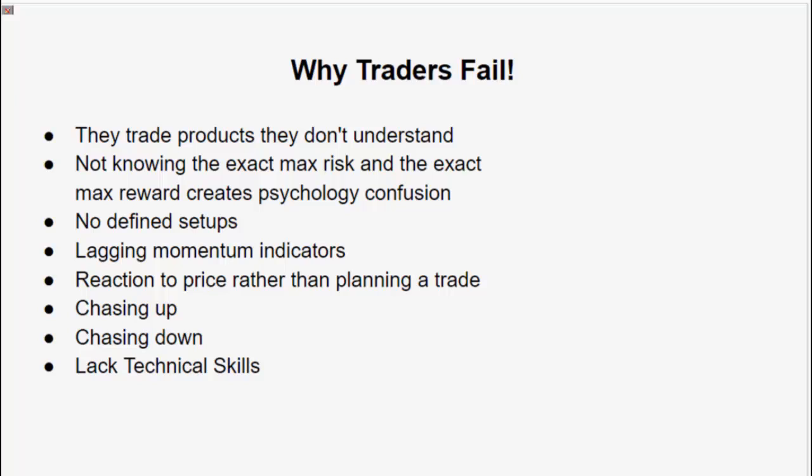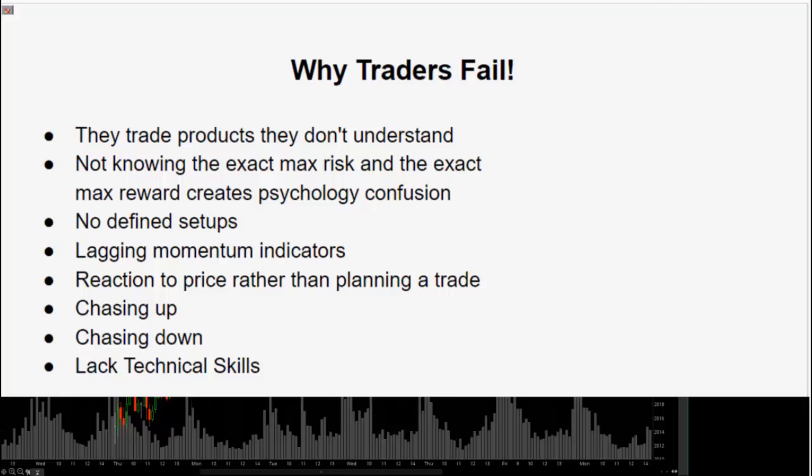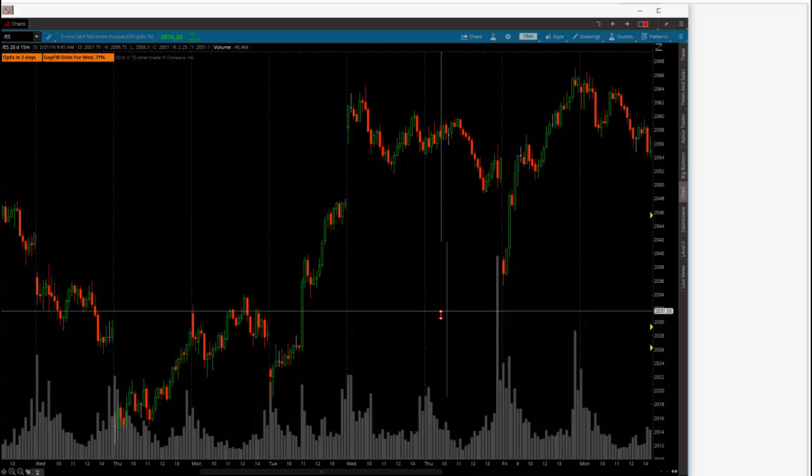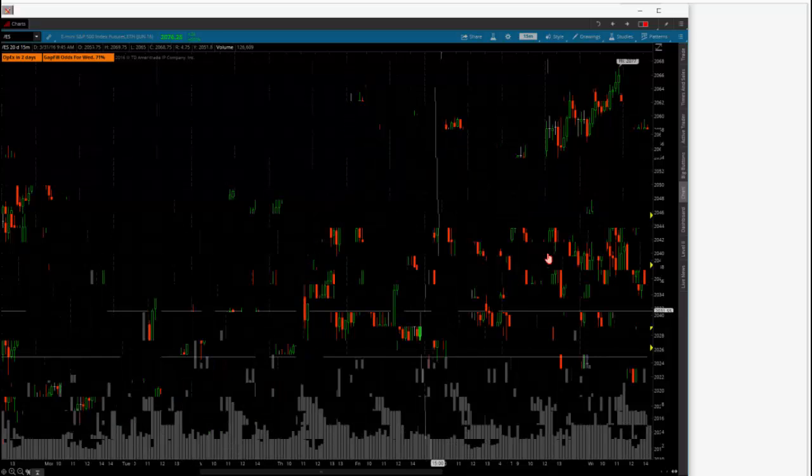So how do you draw the 50% retracement? I'll show you. I don't know if any of you guys have Thinkorswim, but I'll show you how to draw that 50% retracement just because you definitely want to know that.